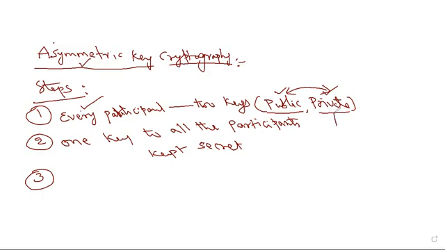That's why we call them mathematically related keys. Every user must inform the public key to all the participants in the organization, and keep the private key secret at their own location.